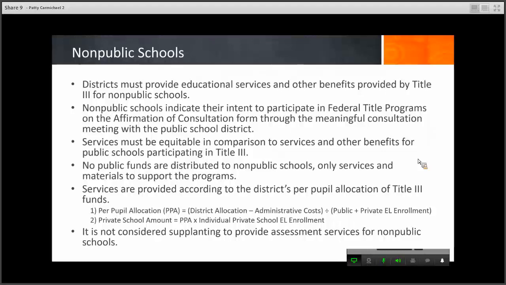However, I do encourage public school districts to go above and beyond that if possible. Invite the non-public school staff to your professional development that you might have for English learner topics. Allow them the ability to use your materials and resources if possible. Try to collaborate on that so we keep the students in mind and really focus on their best interest.